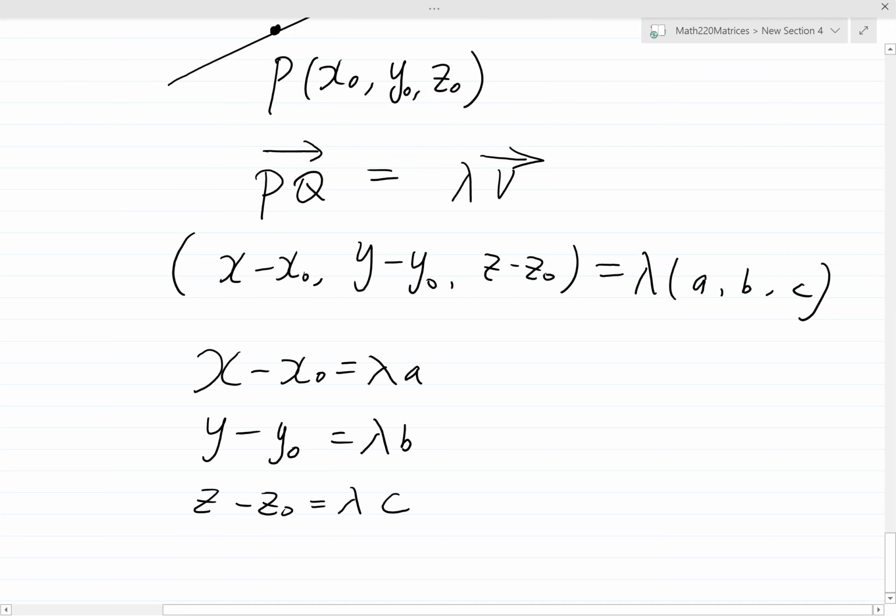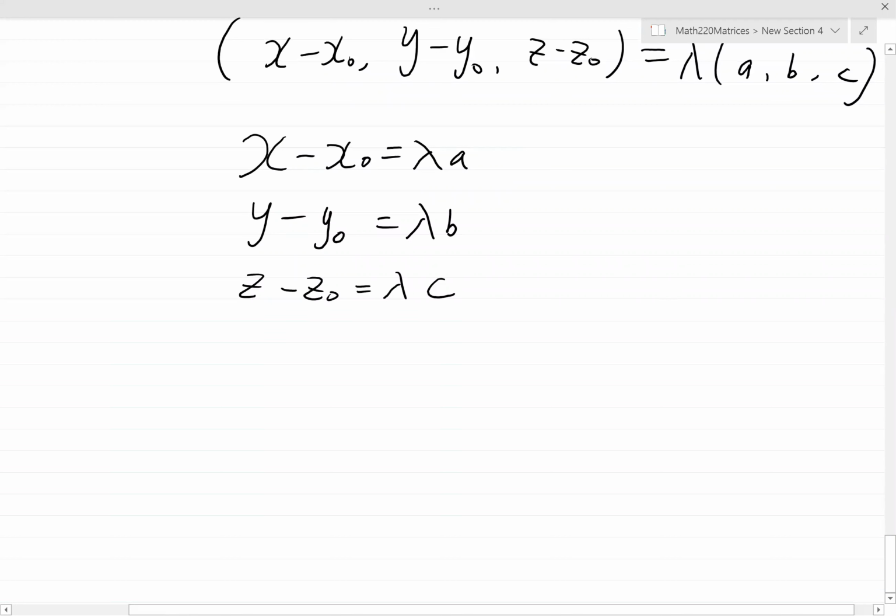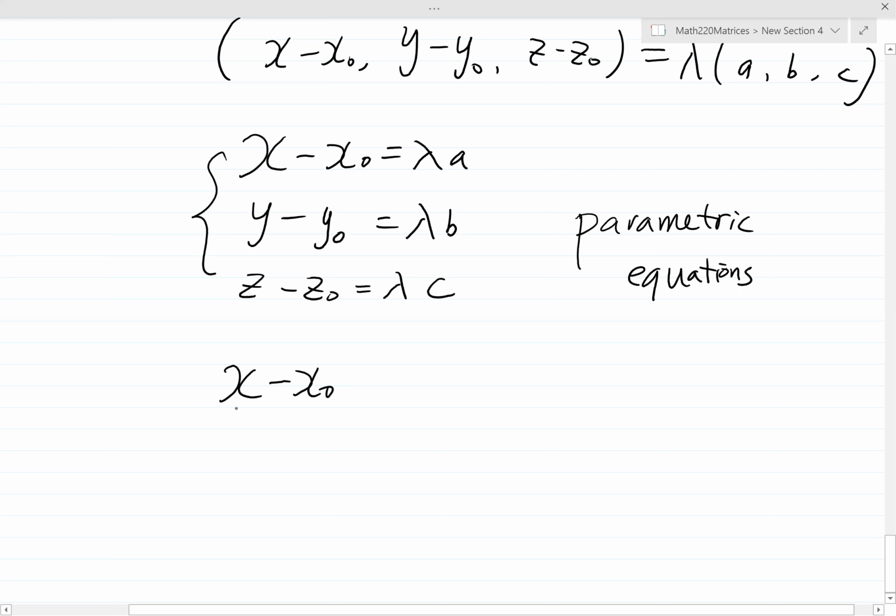So this is the parametric equations. If we eliminate lambda by dividing, we get (x minus x0) over a equals (y minus y0) over b equals (z minus z0) over c.